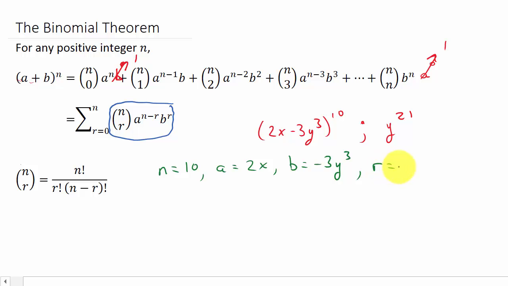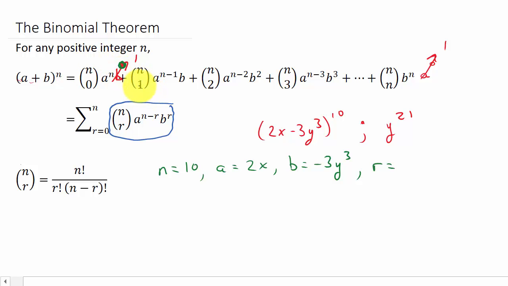So we want the term that has y to the 21st. If you notice in the formula, remember this exponent here is 0, right? See this term here, 0, 0.